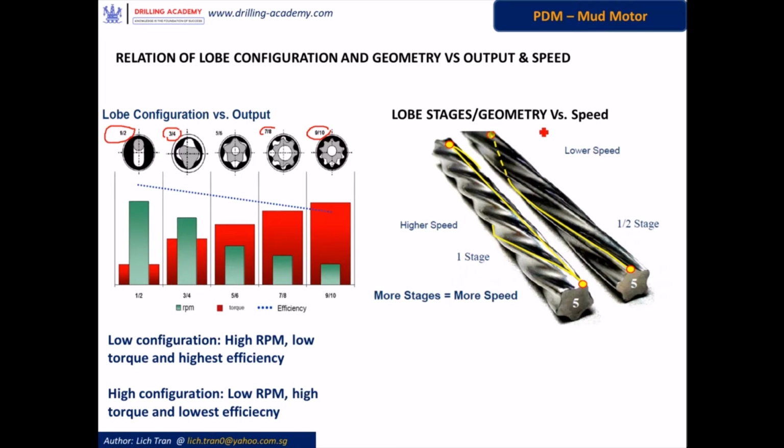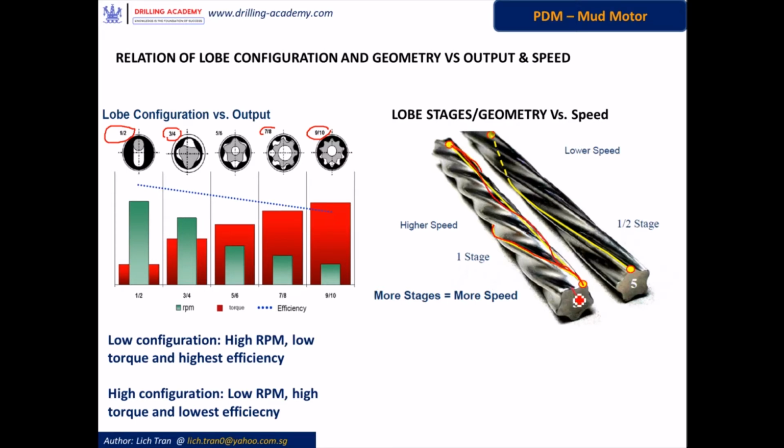The lobe stage or lobe geometry of the mud motor is understood as one spiral lap along the rib over the axis of the rotor. For example, in this rotor here, we start from this yellow dot, we go along this rib, go down, follow the profile up to here, and come back to the same position along the axis of the rotor.